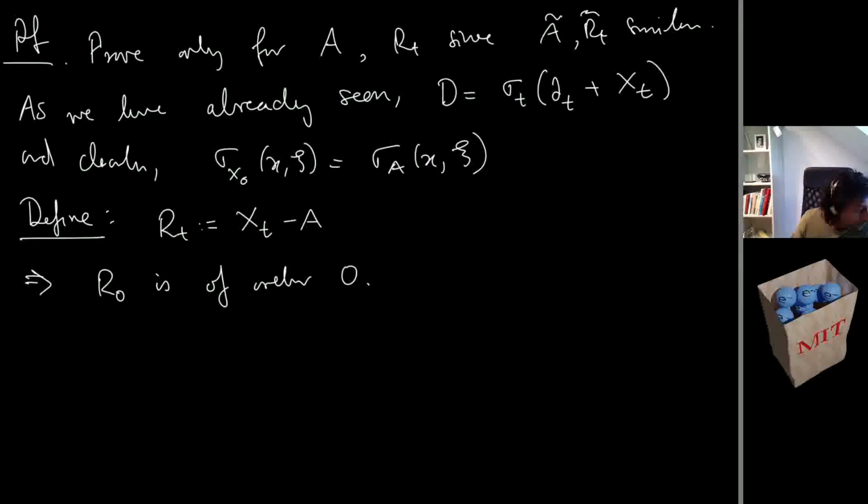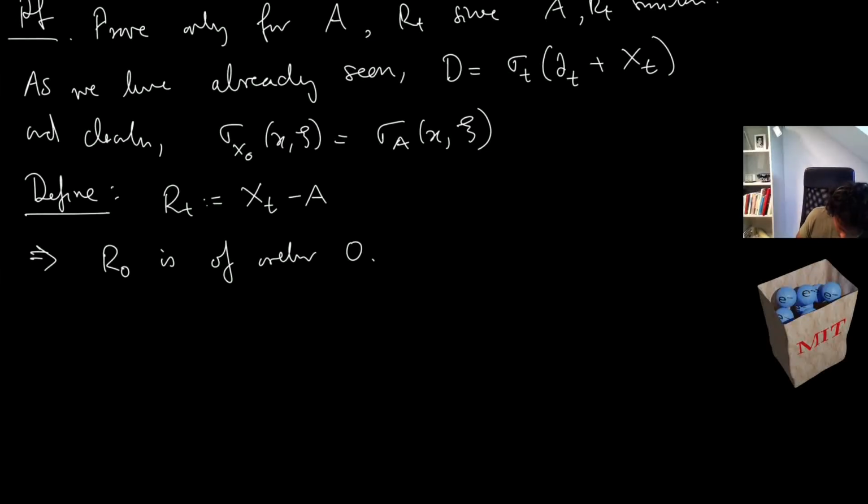Okay. So it's clear that R_t is in Diff^1 of E restricted to the boundary of M.